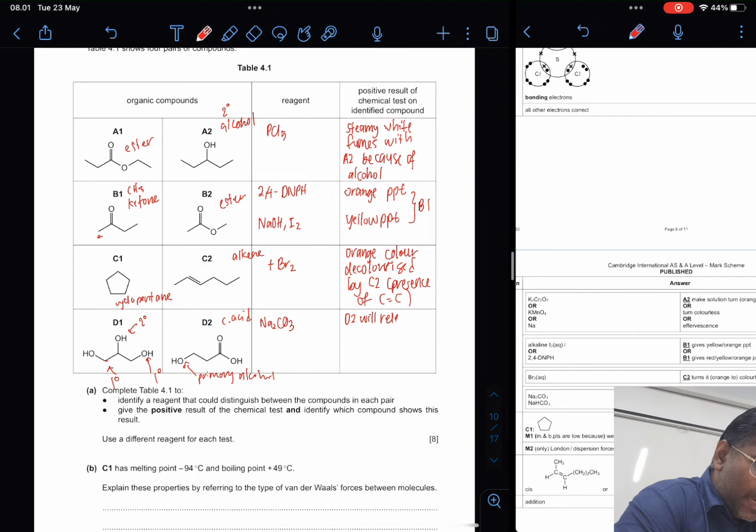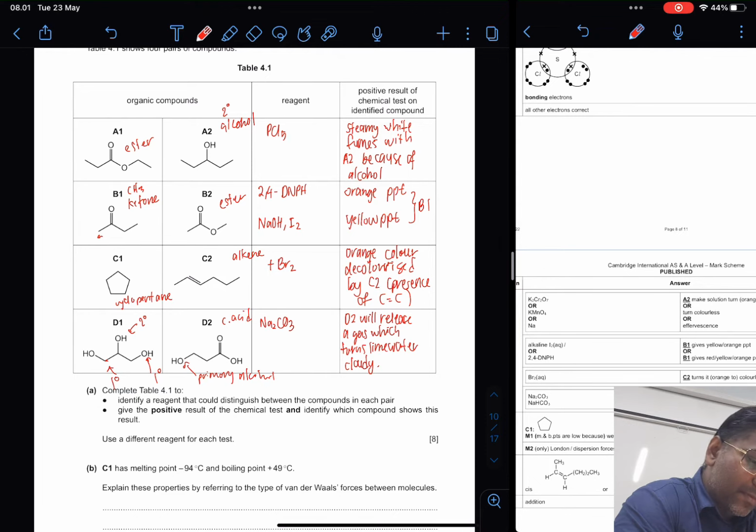D2 will release a gas which turns lime water cloudy. So D1 will not react with sodium carbonate.